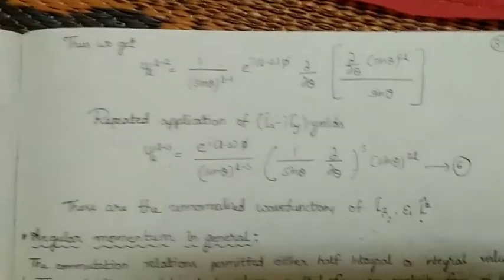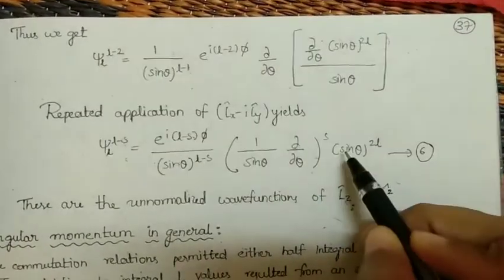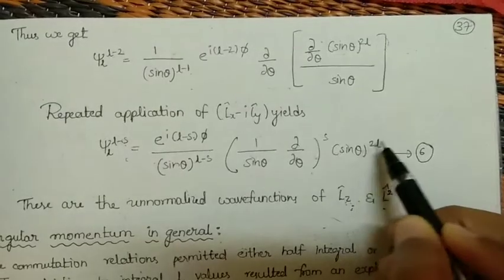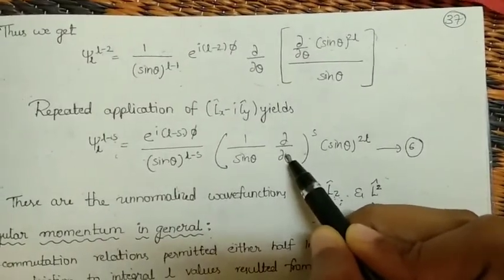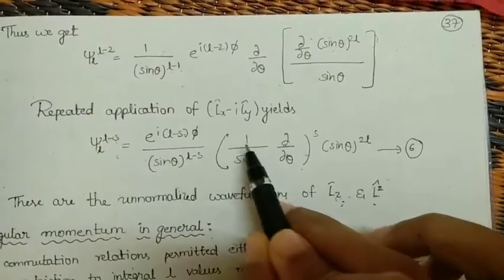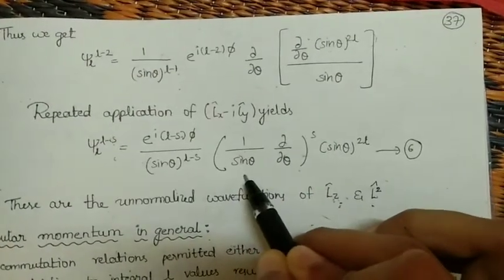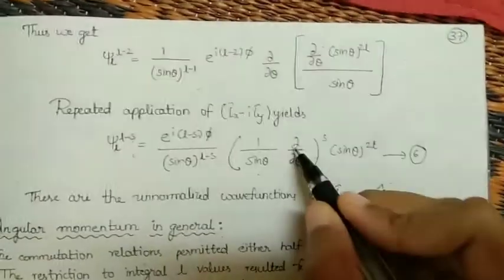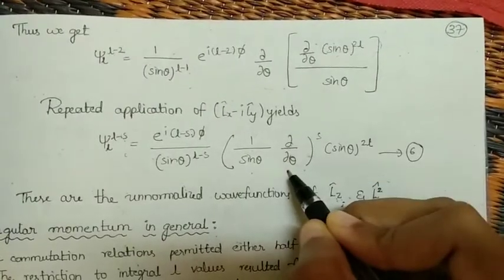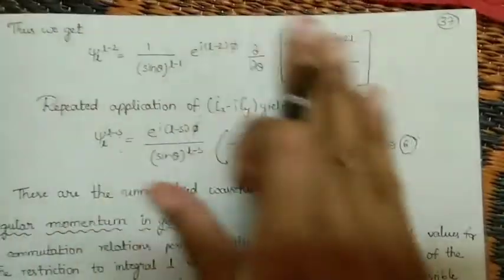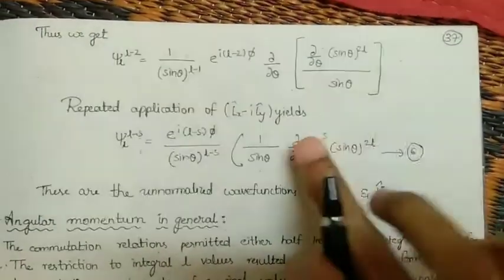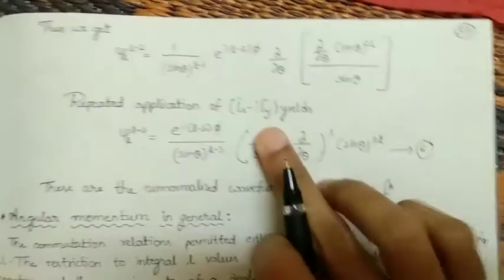So the meaning of this part is that sin theta whole power 2l is being differentiated with dou by dou theta, and again it is multiplied with 1 by sin theta, and again it is differentiated with dou by dou theta and multiplied by 1 by sin theta, and again the same.